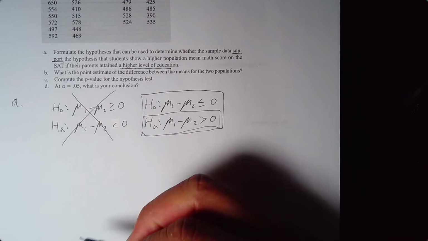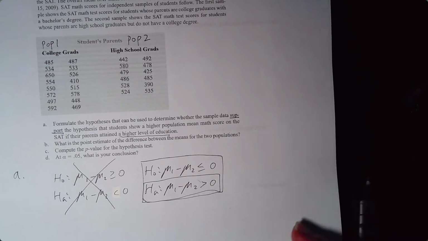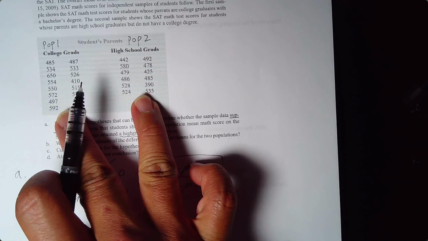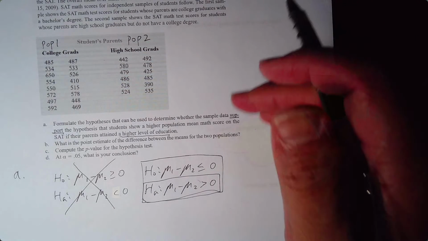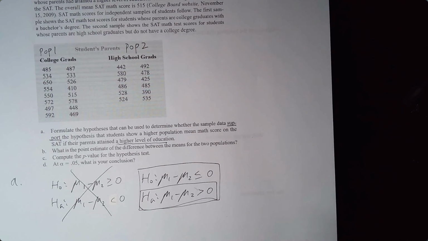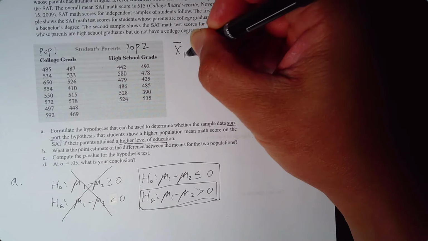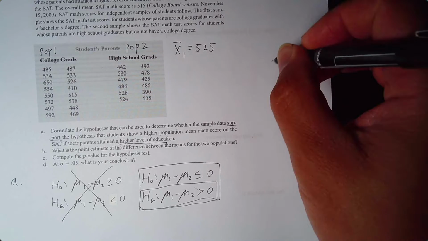Before we proceed, we need our sample statistics. Okay, so you can go ahead and give it a try. Process these two populations in Google Sheets or Excel, and get the sample statistics from there. But I did this earlier, so I'll just write them down here.